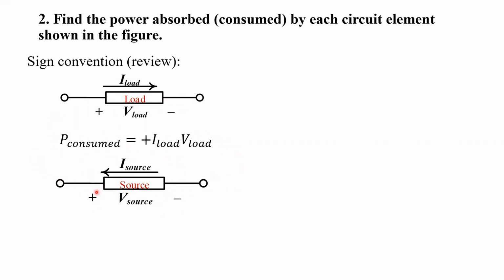But inside the source, the current flows from the negative terminal to the positive terminal. In this case, we say that the source is supplying the power. So the power supplied is the product of current and voltage. So based on this sign convention, we can solve the given problems.